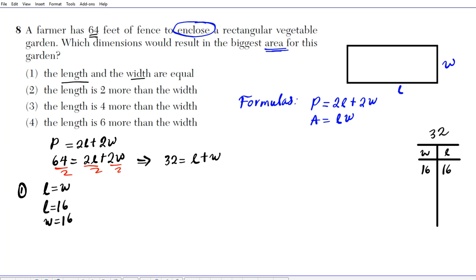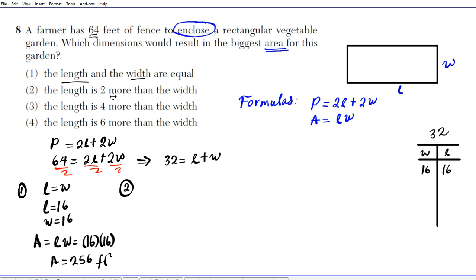So what's the area going to be? Using the area formula, length times width, we have 16 times 16, which gives us an area of 256 square feet.